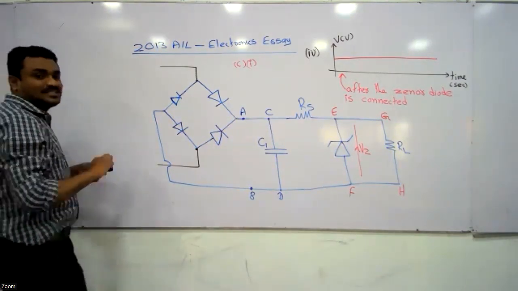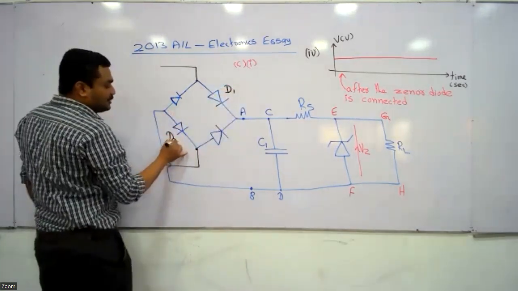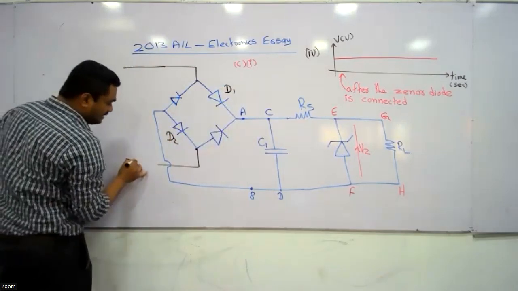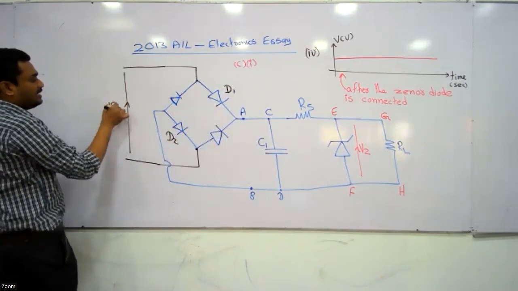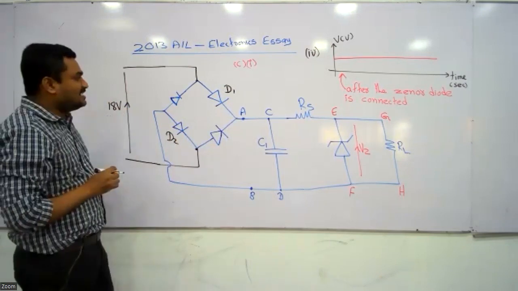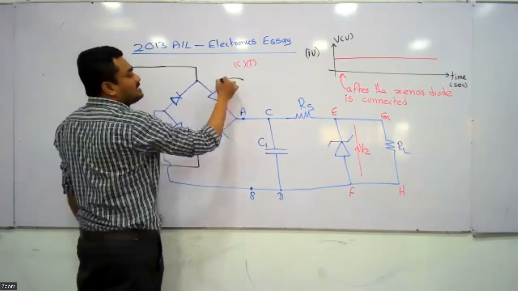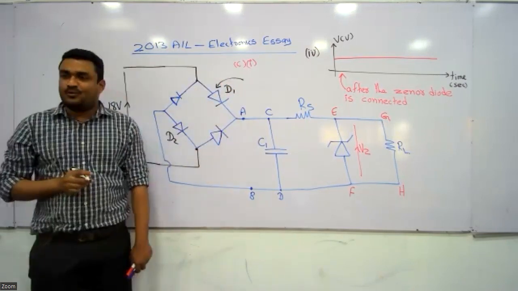During the positive half cycle, D1, D2 diodes conduct, you know that point. The transformer gives a voltage of 18 volt. Then for the D1 diode, what is the reverse bias? What is the forward bias junction voltage of a normal silicon diode? 0.7.